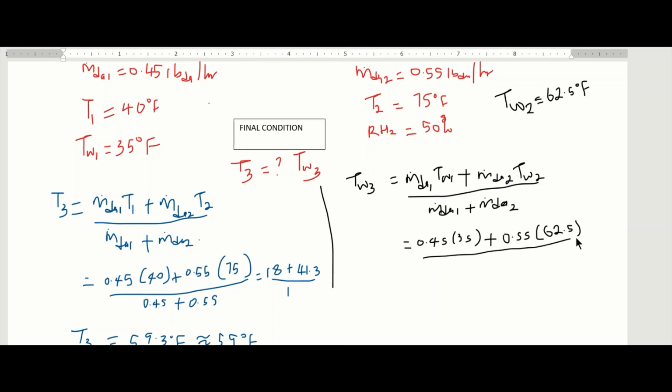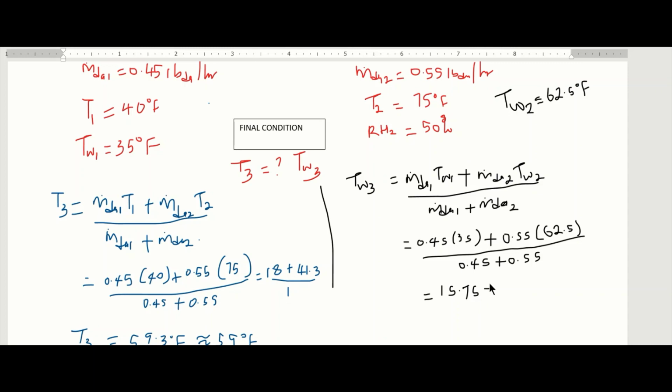Divide this by mass flow rate at state 1, 0.45, plus the mass flow rate at state 2, 0.55. Alright, let's go. So 0.45 times 35 gives us 15.75.